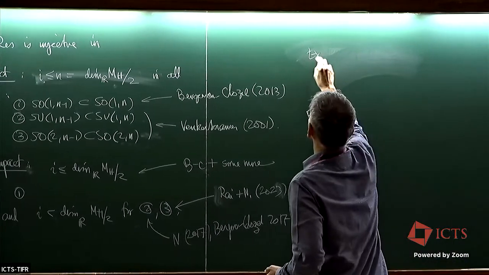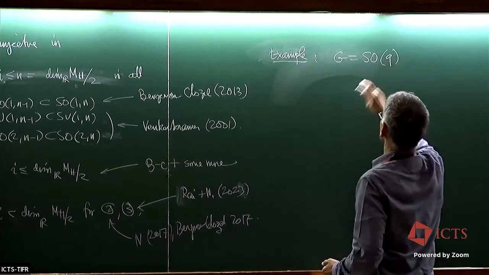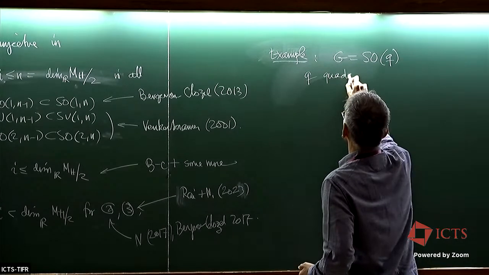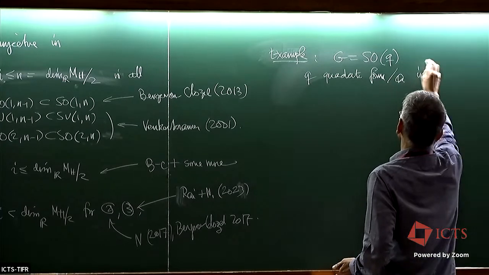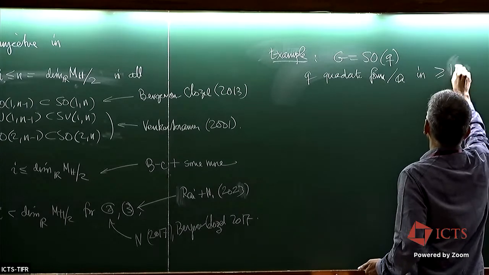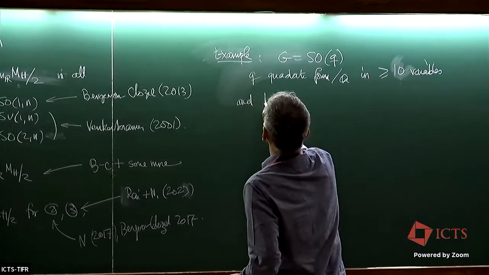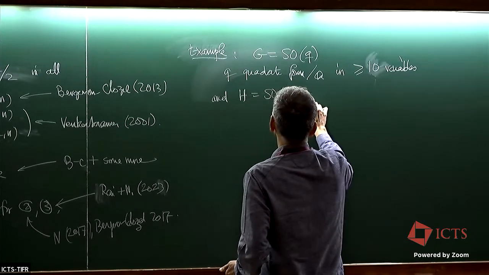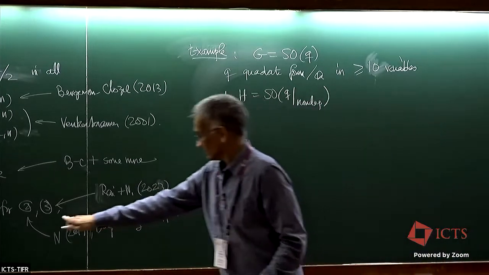For example, if G is the special orthogonal group of a quadratic form Q over Q in at least, let's say, 6 or 7 variables, let's make it 10 for safety, and H is the special orthogonal group of Q restricted to a non-degenerate subspace, then theorem 3 is a new theorem.